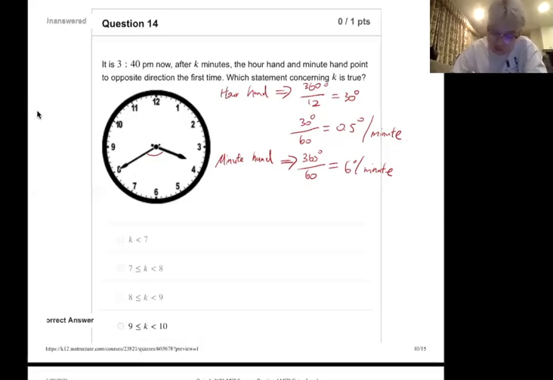We can see from the picture that it has 4 hours, 1, 2, 3, 4, plus the small angle right here.